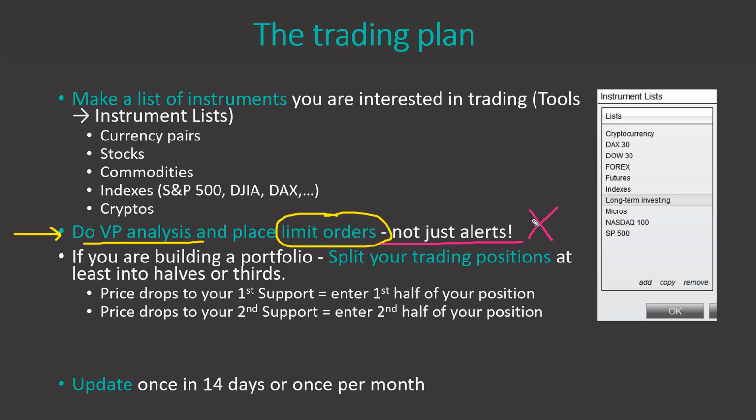The reason is, actually there are two reasons. The first reason is that if, for example, you want to buy some stock and then the price drops rapidly and then makes a quick return back, then you may not be around the computer, you may not be able to catch it. The chance for you to enter your trade may be just a brief one, so you don't want to miss your opportunity.